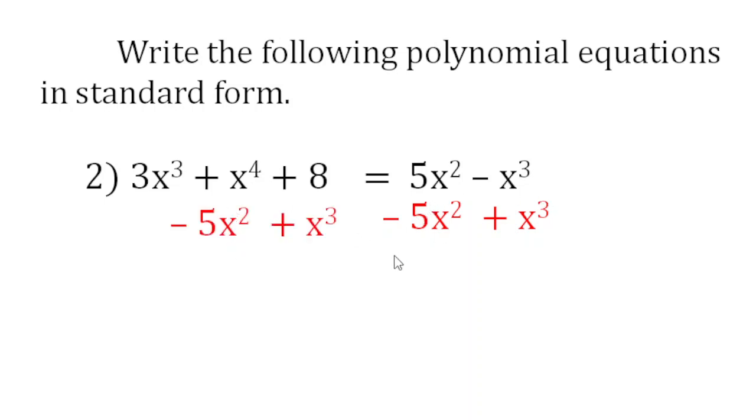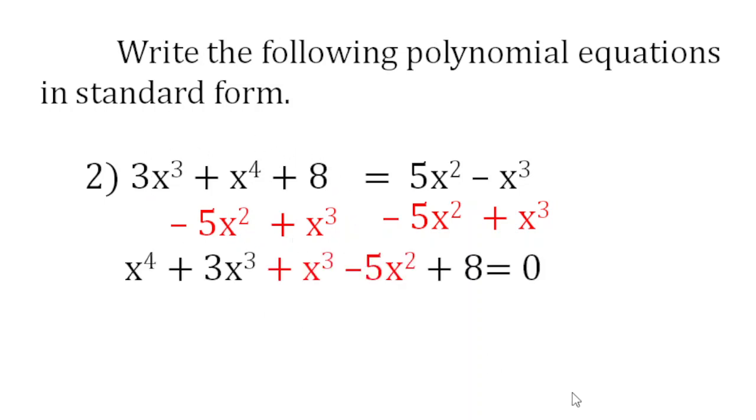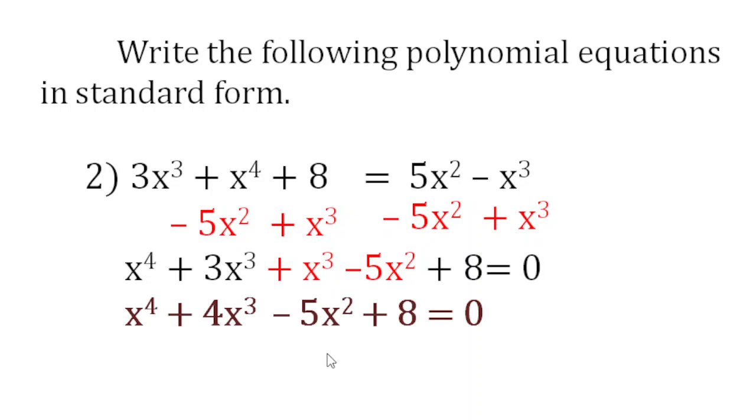Now the right hand side is equal to 0, and then we can arrange the terms here on the left side combining like terms. We can combine 3x cubed and x cubed. So it becomes x to the power of 4 plus 4x cubed minus 5x squared plus 8 equals 0.